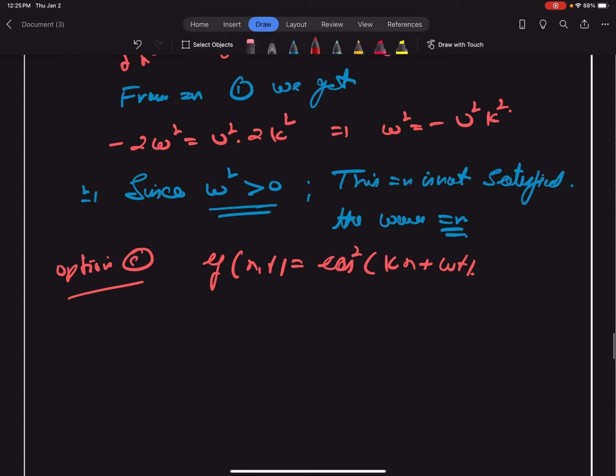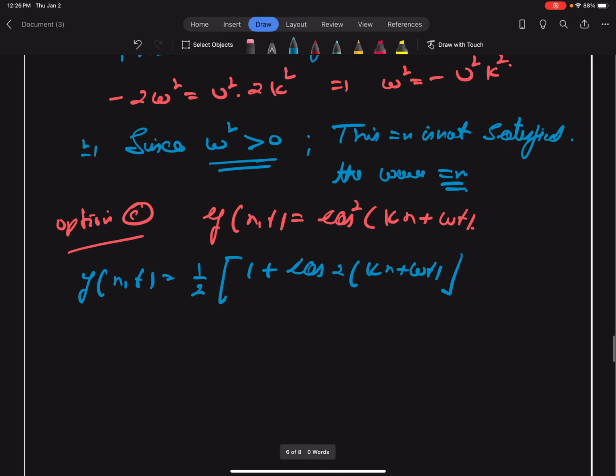We can modify this using the trigonometric identity. We can write y of x, t as equal to 1 by 2 times 1 plus cos of twice kx plus omega t.